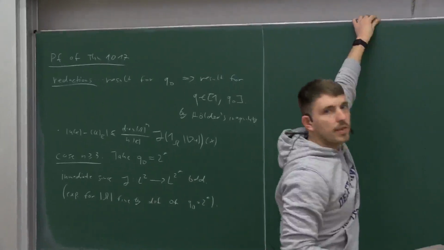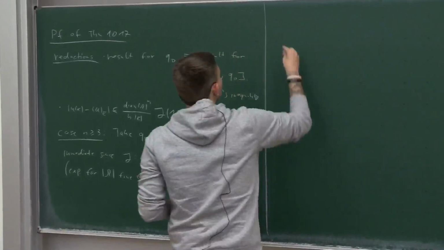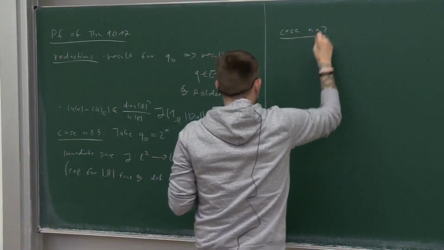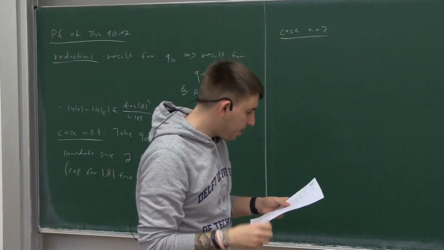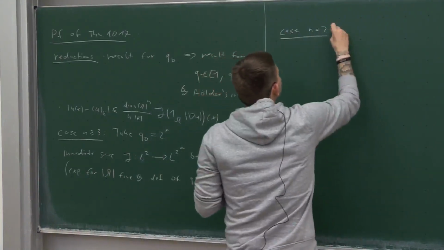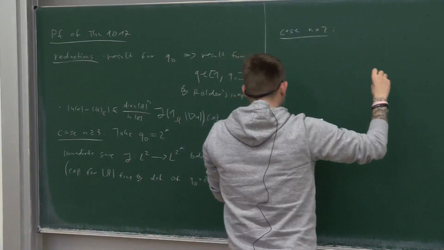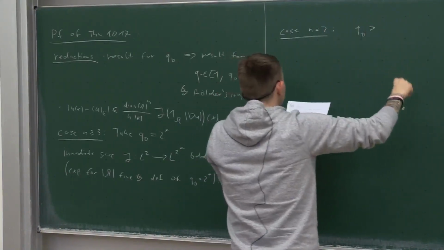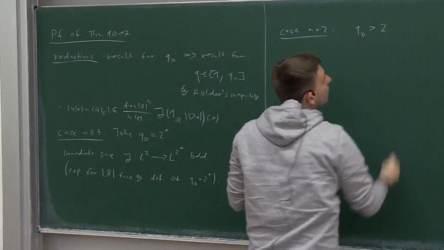Second case is the critical case. What happens here? So here we take as Q naught some number that is larger than 2.